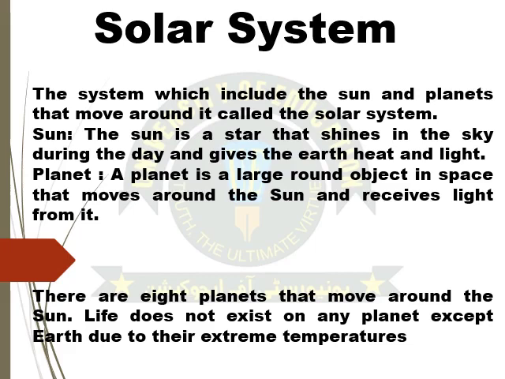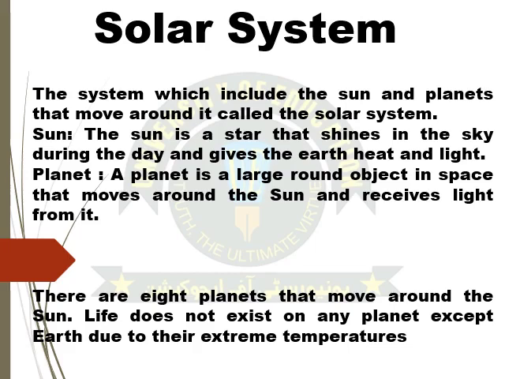The sun is basically a star that shines in the sky during the day and gives the earth heat and light. Now the second point is planet. A planet is a large round object that moves around the sun and receives light from it.